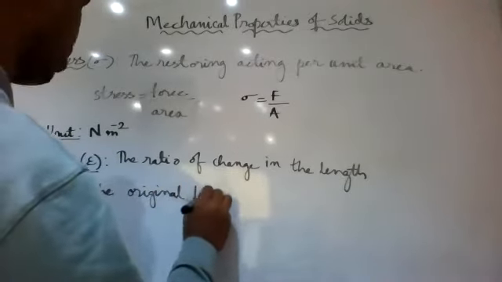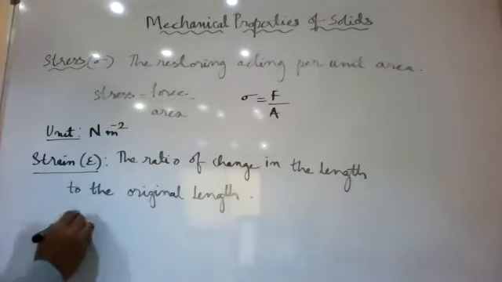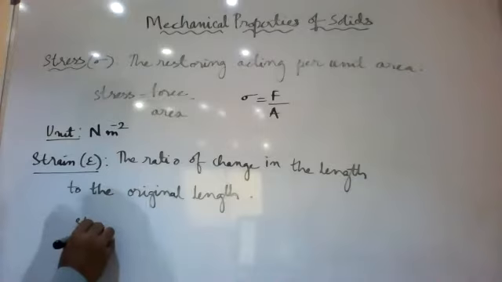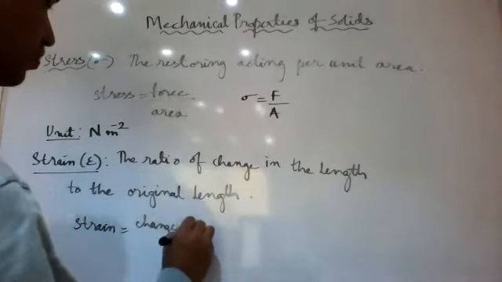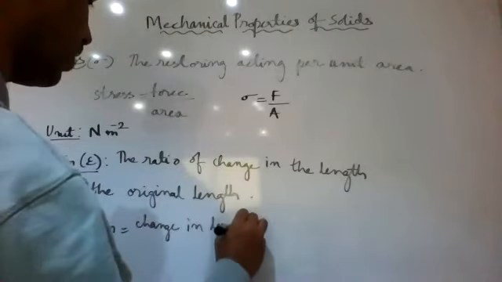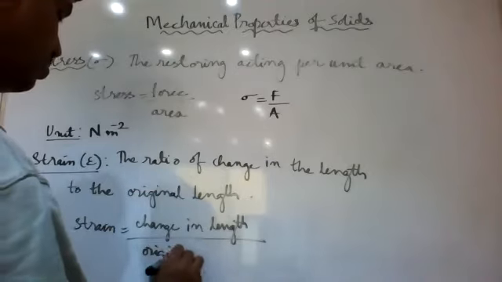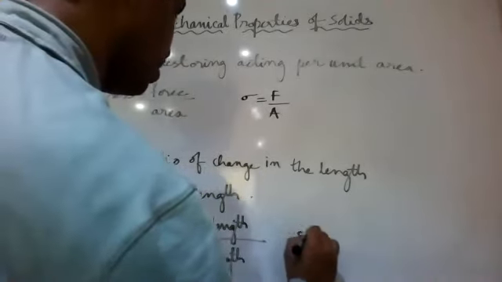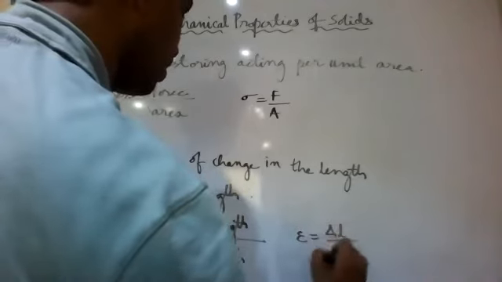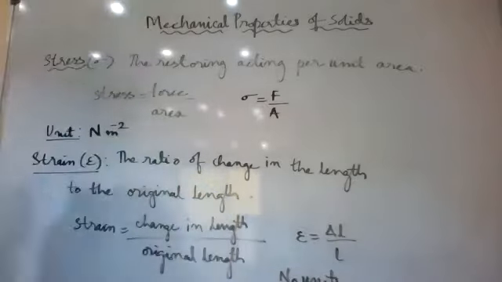Okay, so that is said to be strain. So we can write here strain equal to change in length divided by original length. So we have epsilon is equal to delta L by L. So it has no units for strain.